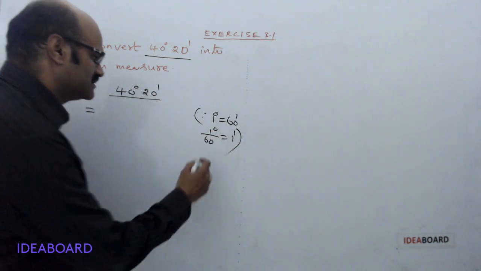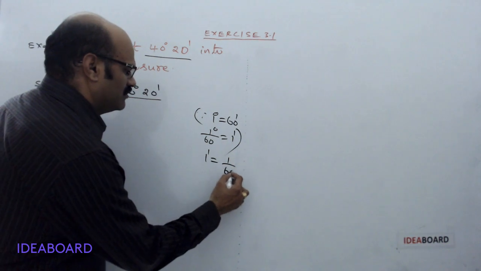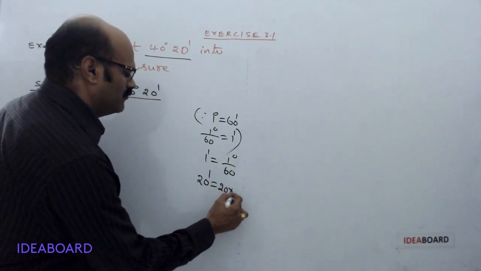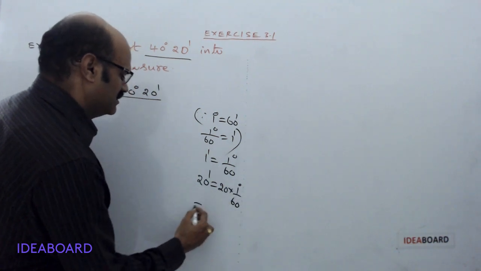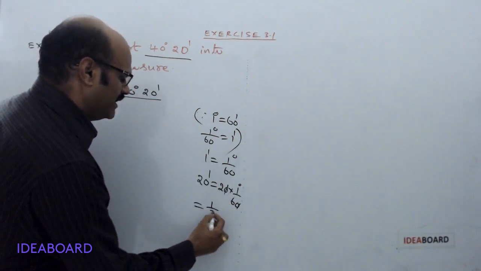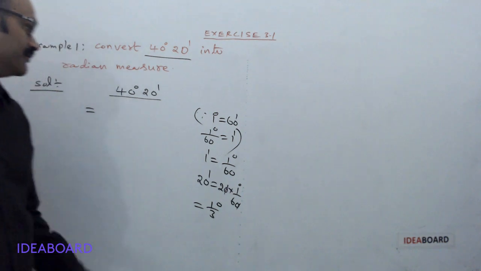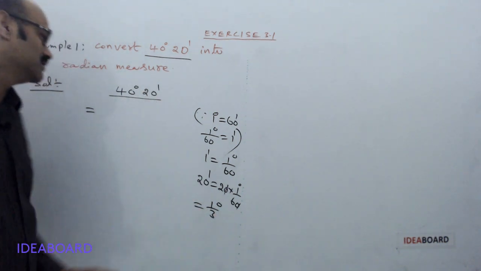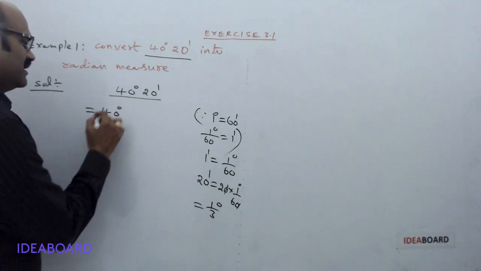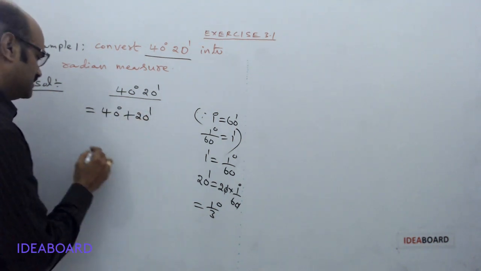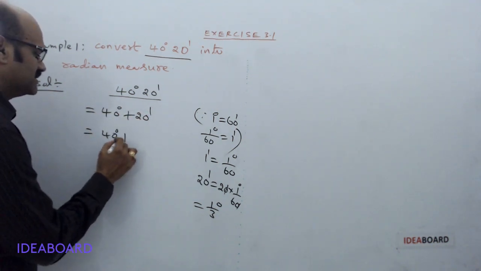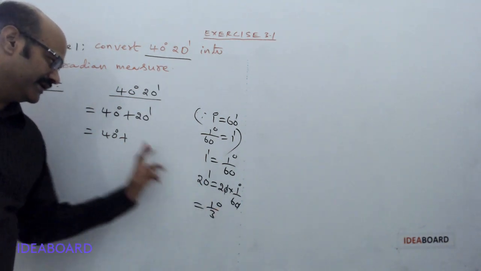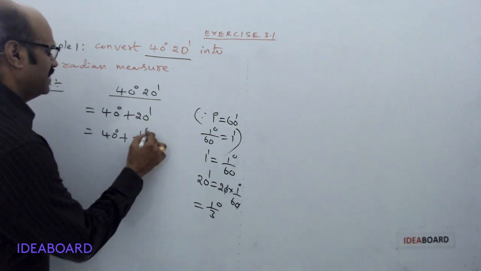What about 20 minutes? 20 into 1 by 60 degrees equal to 1 by 3 degrees. So 20 minutes means 1 by 3 degrees. So we should take it as 40 degrees plus 20 minutes, 40 degrees plus 1 by 3 degrees.